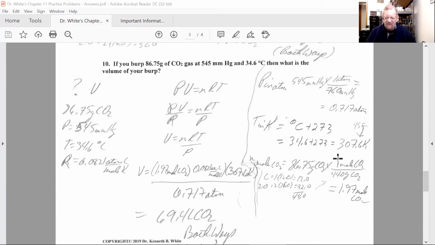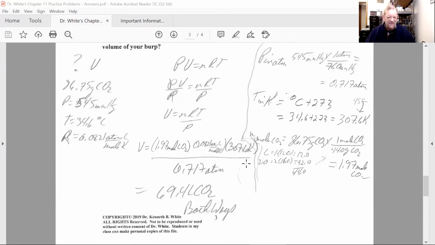Where do I get this information? 1 mole of a compound equals the molecular weight of that compound. The molecular weight of carbon dioxide, 1 carbon, 2 oxygen, add them up, 44.0 4 3, this is 1 mole is the exact number, 3 significant figures.